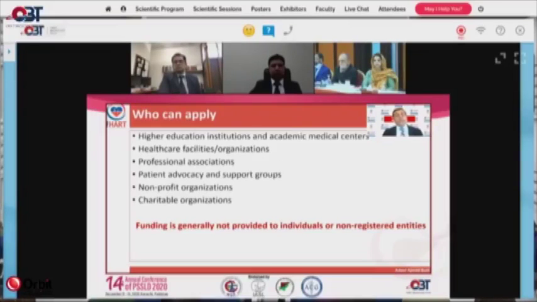Funding is generally not awarded or provided to individuals or non-registered entities. There are some exceptions to that, but generally, when there is a grant involved, it goes to the institution, even though you may be the PI, the principal investigator or the lead investigator, but the funding actually has to go to your institution in the vast majority of cases.